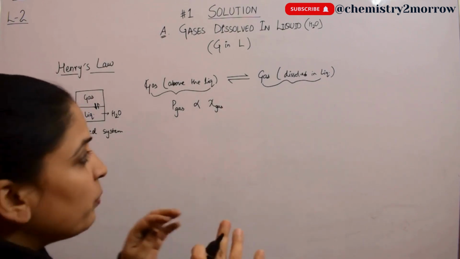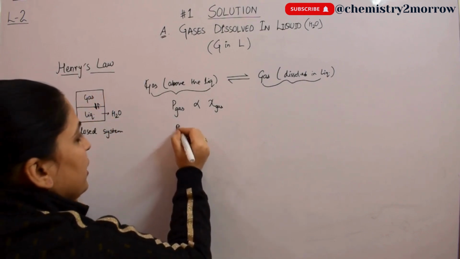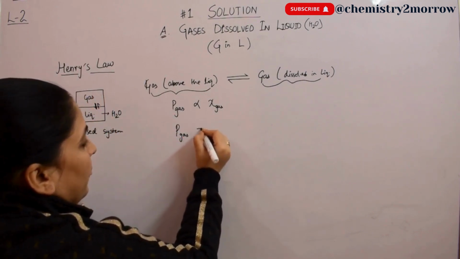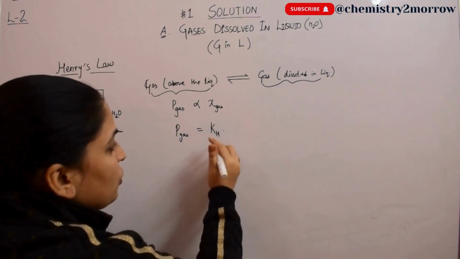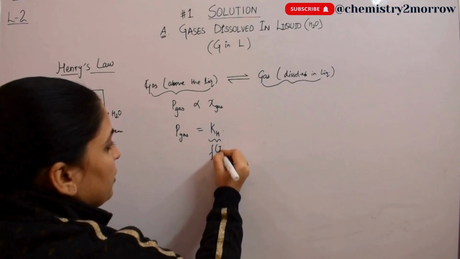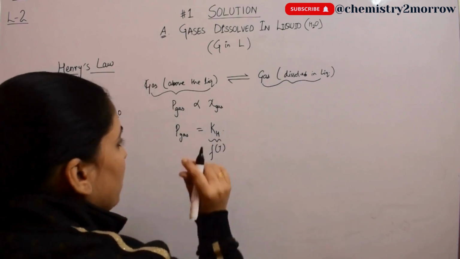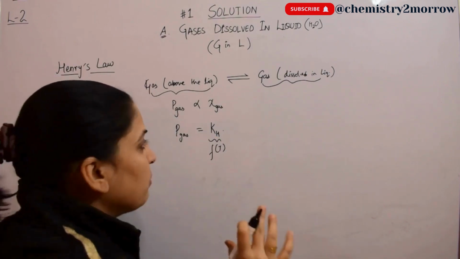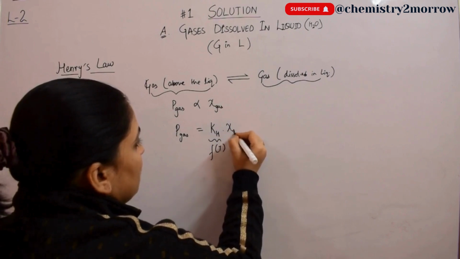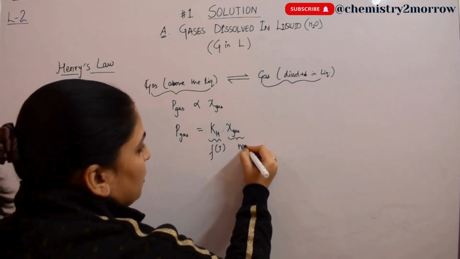So this equilibrium has got a mathematical expression and the proportionality constant is given as Henry's constant for each gas, which is a function of temperature. So if you change the temperature, the KH value will change. So whenever you are given a KH value, it is always associated with some temperature. And this you know from your previous classes, this is a mole fraction.